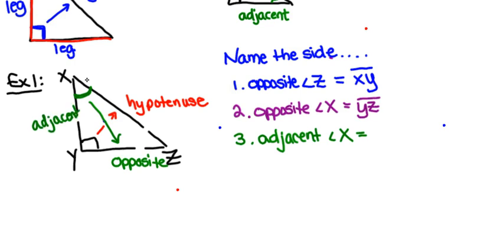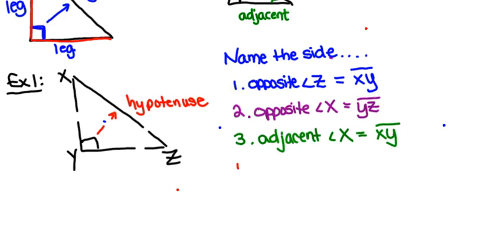My adjacent is therefore going to be XY. And again, I'm going to give you a minute to look at that picture, and then I'm going to erase it so that I can tackle this last question.